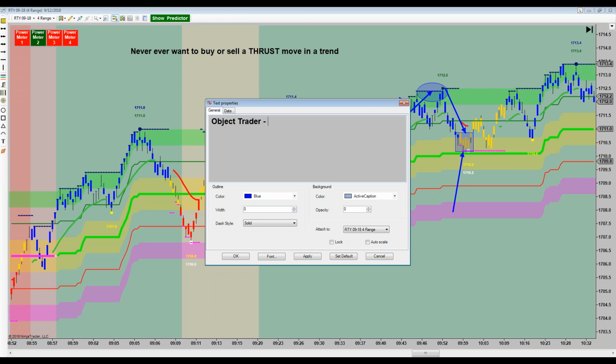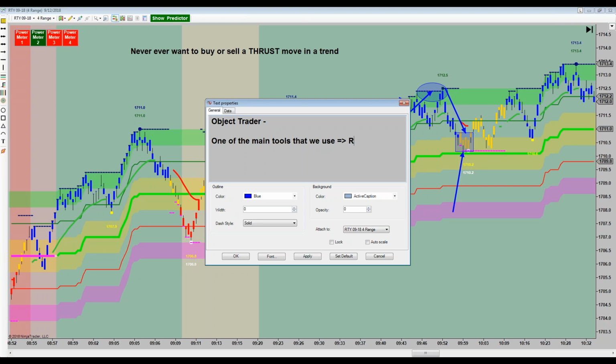Object Trader is chock full of goodies, but one of the main parts of the tool that we use is called the region box.